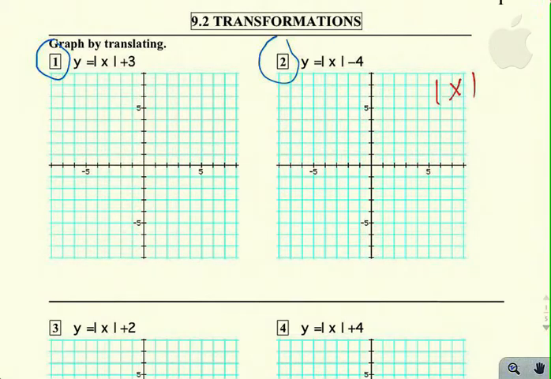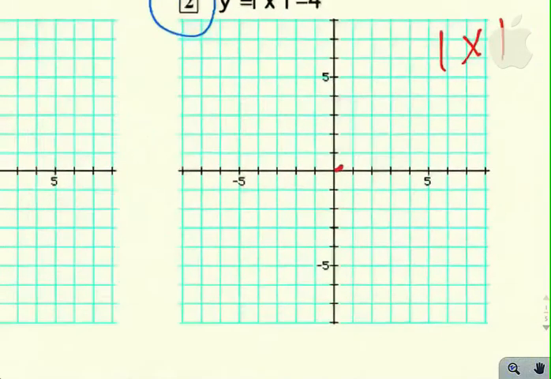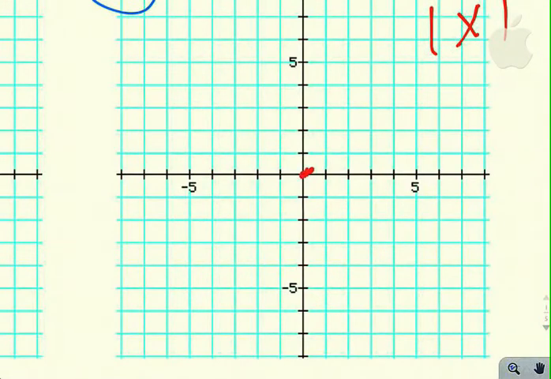The absolute value. The vertex is at the origin. It goes through (1, 1) and (-1, 1), (2, 2) and (-2, 2), and countless other points. So the graph looks like that.